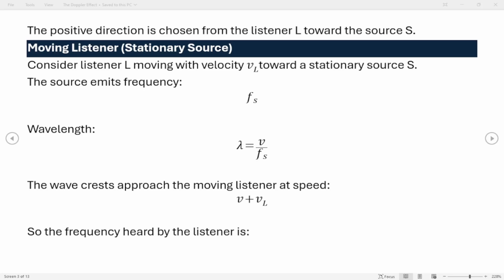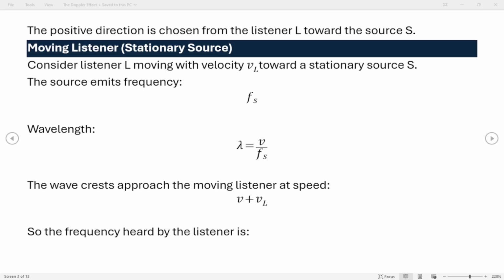So in this case, consider the listener as L, moving with the velocity nu sub L toward a stationary source S. The frequency that the source is emitting is represented by f sub S. The equation we use to compute the wavelength is still lambda equals nu over f sub S, meaning the ratio of the speed of the sound to the frequency emitted by the source.